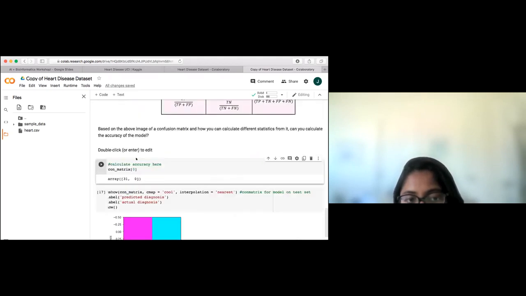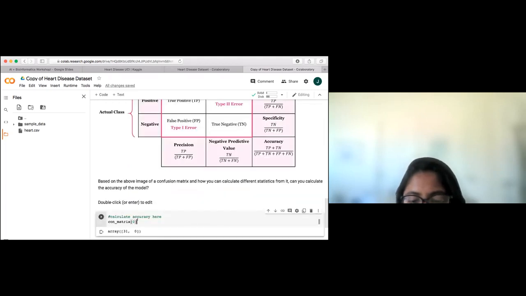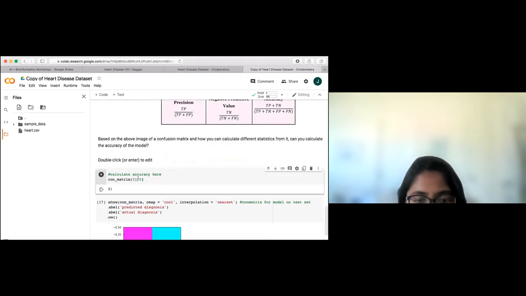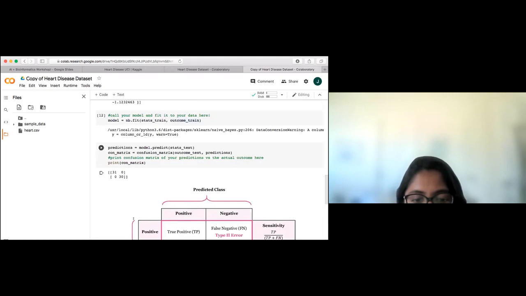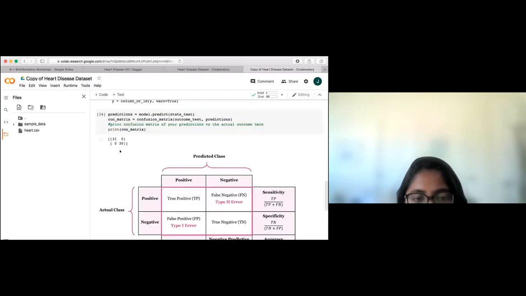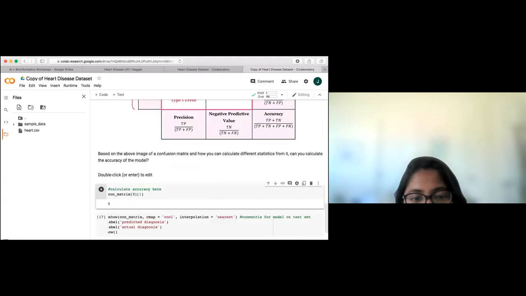But if I want only this number, then I would do 0, 0, I'm pretty sure. So I would do 0, 0 and I would get 31. It's been a while since I took algebra, so I forgot. This would be 0, 1, I think. And then this would be 1, 0.